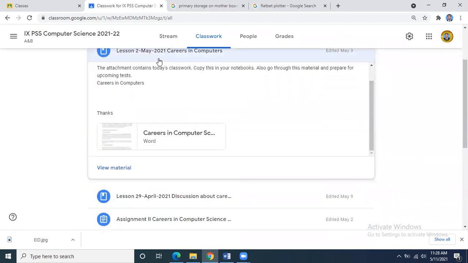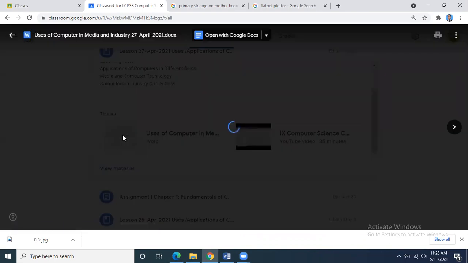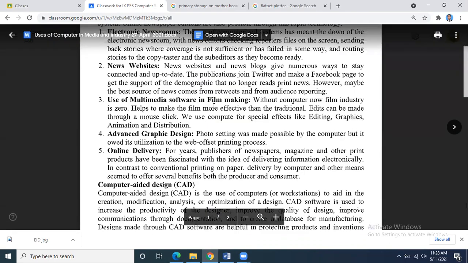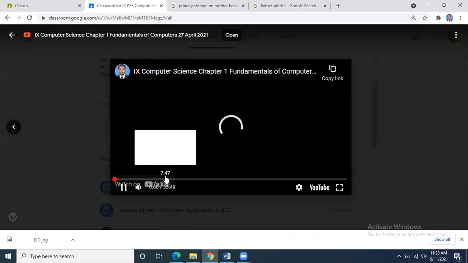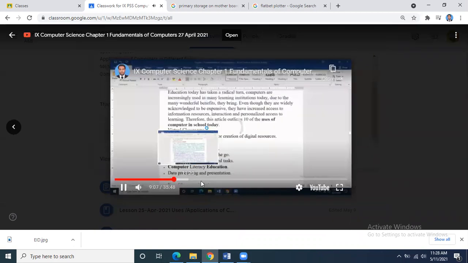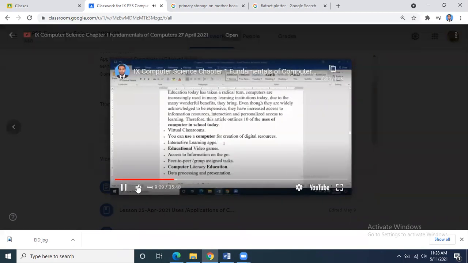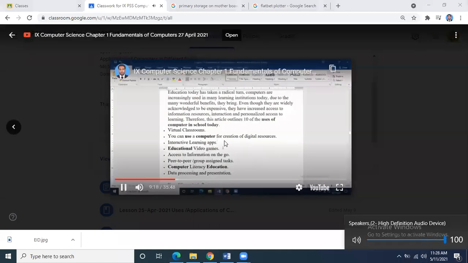You will go to your lesson, you can open your text work, see what work was done and what lesson was made by the teacher. You can open it and go through it. Just like this is the lesson. Apps are there that people are using nowadays. Educational video games are there.